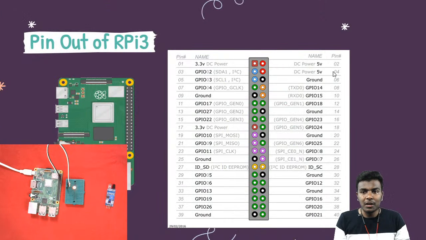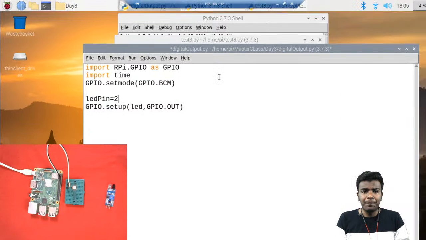Here 2 is not representing the board pins because I have configured that into BCM pins. So it's going to look for GPIO 02. Since it is BCM, you just look for the numbers which contain the word GPIO. GPIO 02. So LED pin is equal to 2 means GPIO 02.